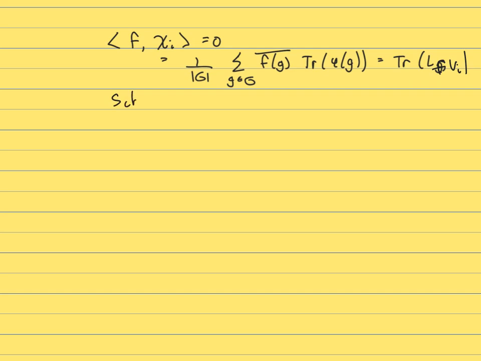By Schur's lemma, because we're looking at an irreducible representation, a G-module with itself, this map has to be a scalar times the identity transformation, which has trace lambda. So what is lambda? Lambda is 0. This is a 0 map.